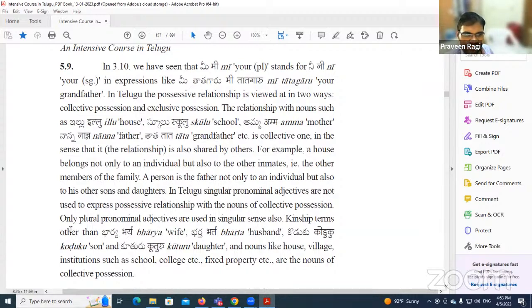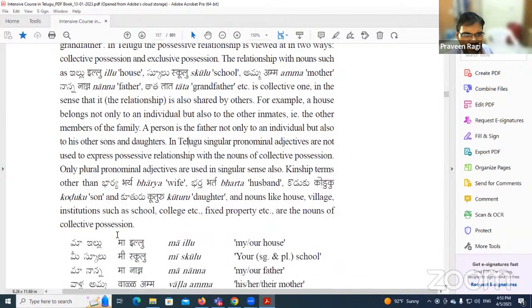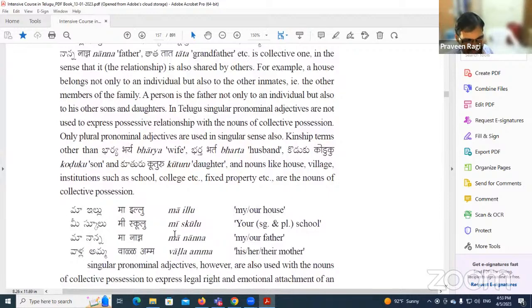Kinship terms other than bharya, wife, bharta, husband, koduku, kuturu, and nouns like house, village, institutions, are the nouns of collective possession. If you look at the examples, mainly we focus on the examples, which are easy to understand.